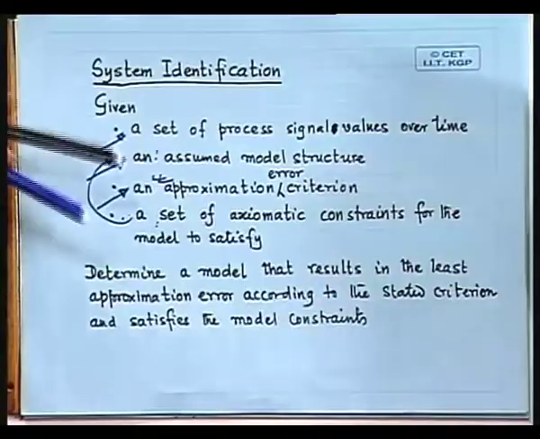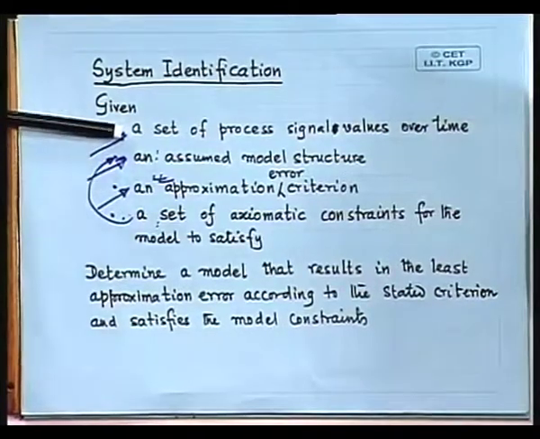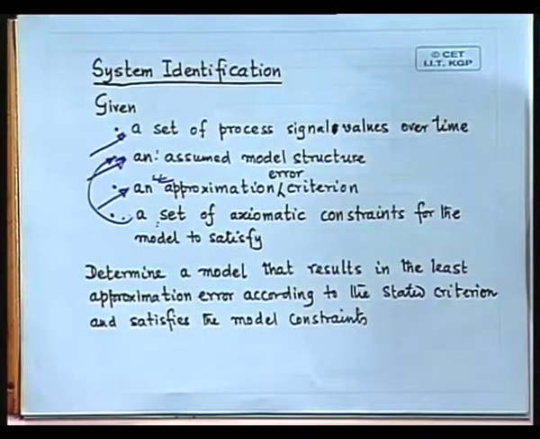We loosely define system identification as follows: if you are given a set of process signal values, we are talking about process signals because we are generally concerned with the calculation of models for dynamic systems, based on their input and output signals.